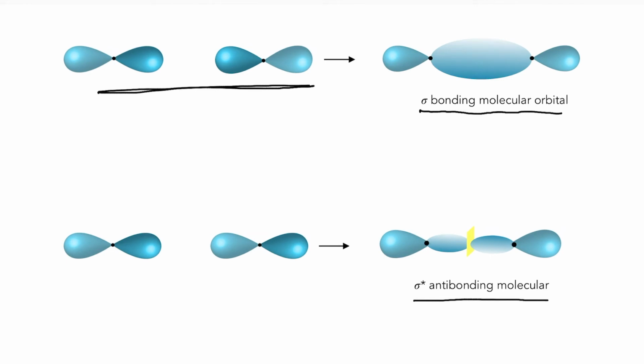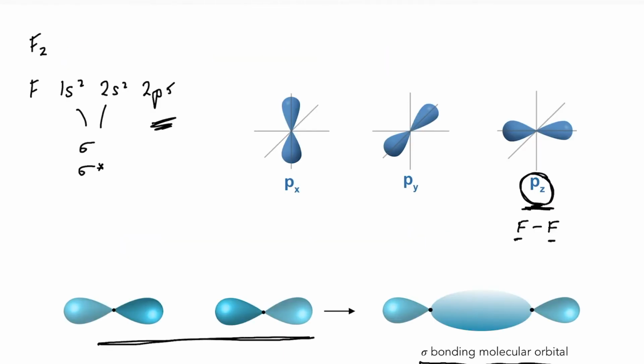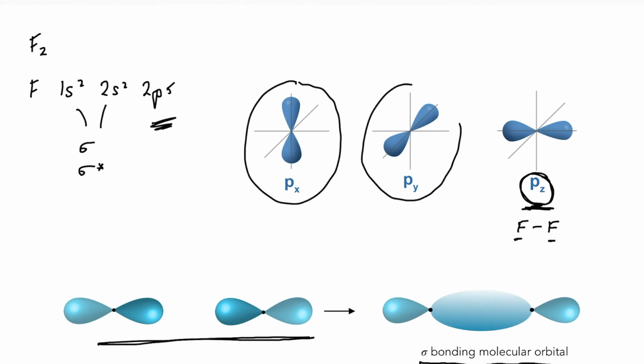So this was the result of constructive, and this is the result of destructive combination. The px and the py atomic orbitals on fluorine are perpendicular to the fluorine-fluorine bond axis. So when 2 px orbitals combine, or when 2 py orbitals combine, we're going to form a new type of molecular bonding and antibonding orbital.